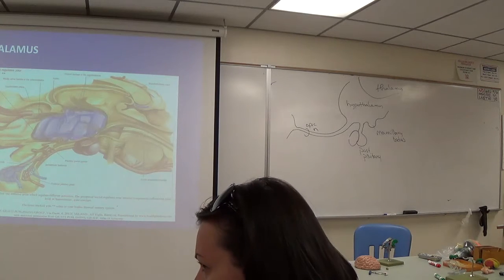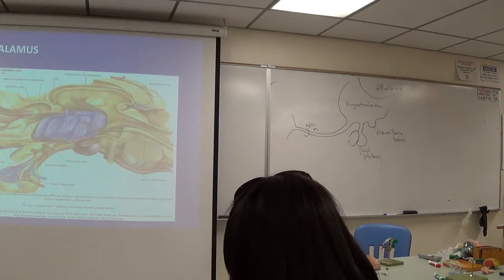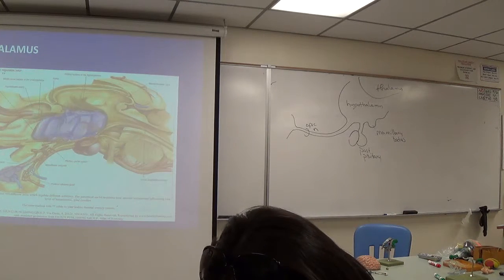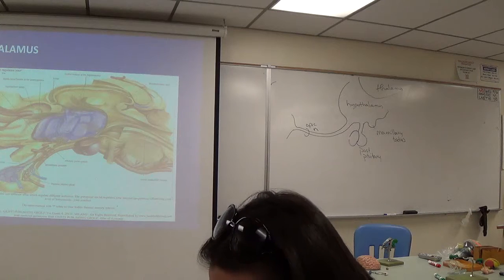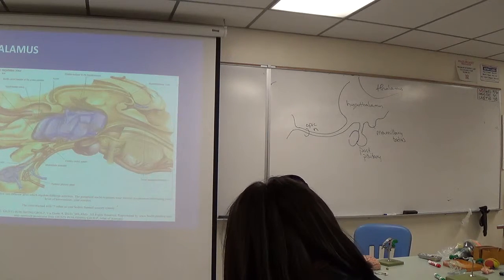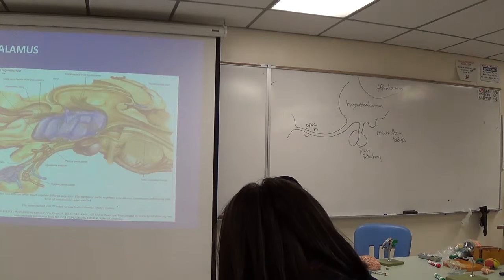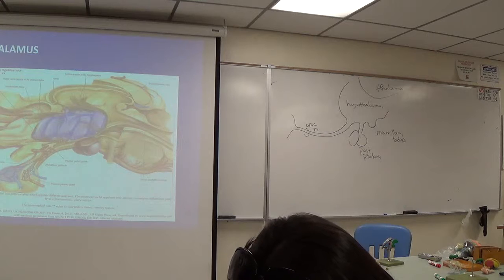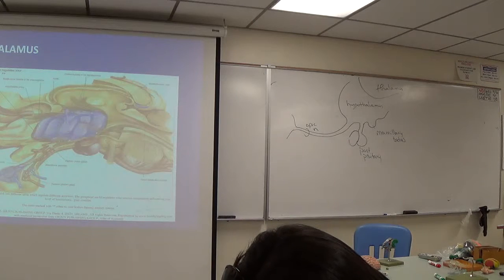While the voluntary is controlled by our precentral gyrus and premotor cortex and basal nuclei, the involuntary is a little bit more vague. But the hypothalamus has a great deal of regulation of the involuntary. We're going to do the limbic system for emotions, but certain emotions are affected by the hypothalamus. So rage and aggression can increase with damage to the hypothalamus.